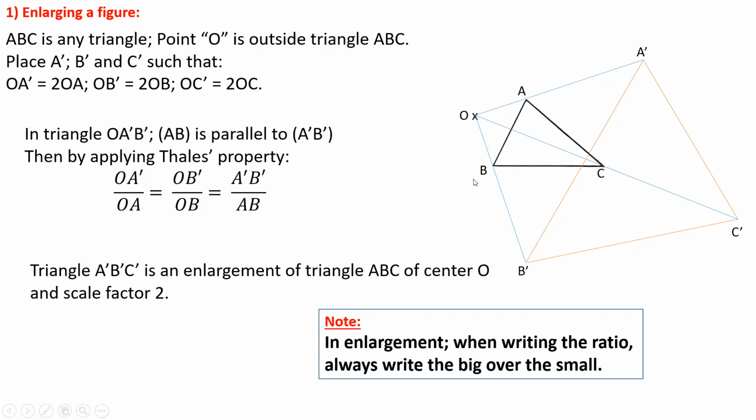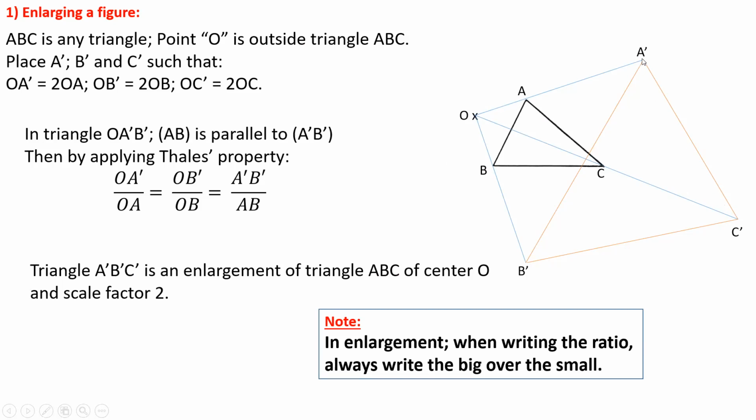Then I've taken a point B prime such that OB prime is equal to 2 times OB. Then I have taken a point C prime such that OC prime is equal to 2 times OC. So I've enlarged OA to OA prime, OB to OB prime, and OC to OC prime.